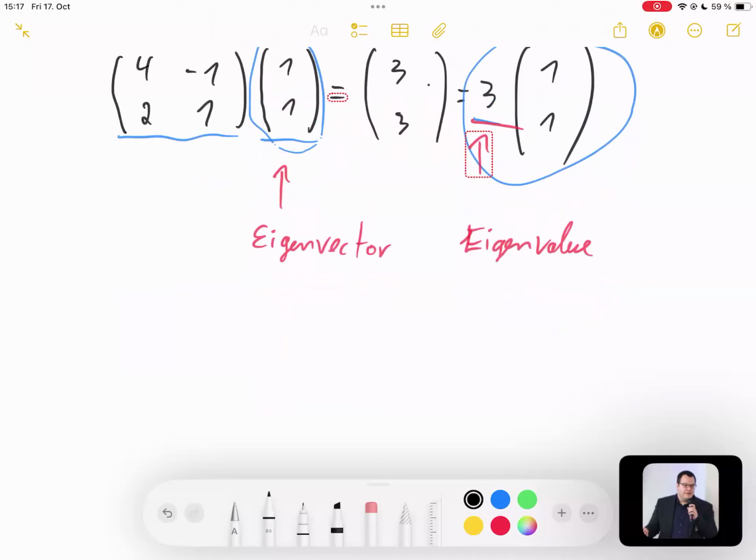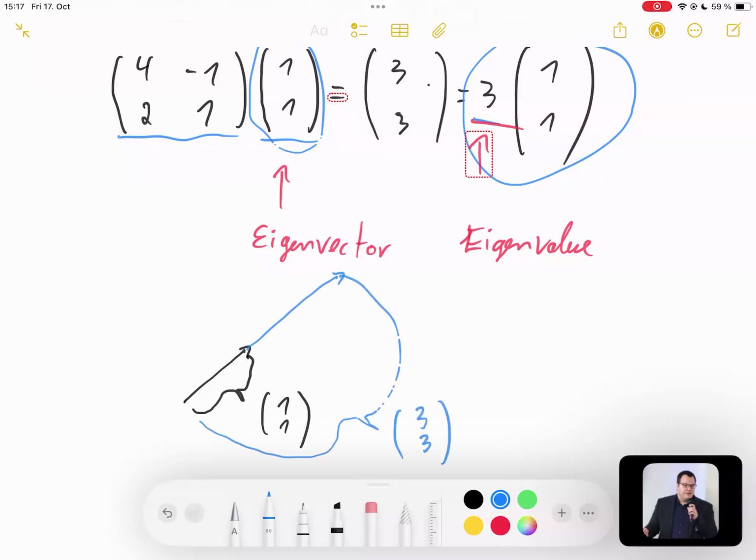If you have an eigenvector of a matrix, say this is, for example, 1, 1, and I multiply it with the matrix, I get a new vector. In our case, the blue one here would be 3, 3.